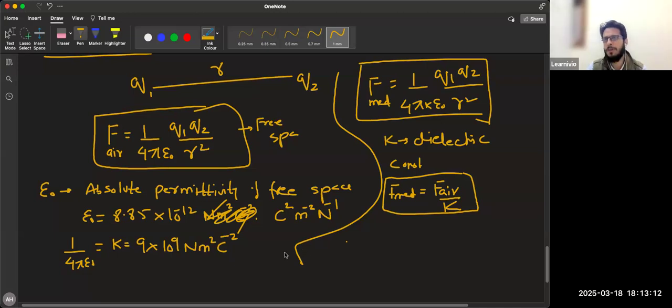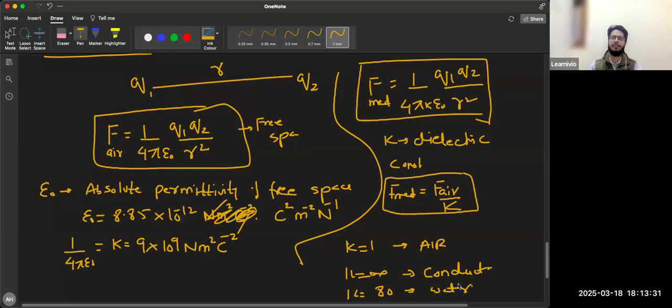And you should remember the dielectric constant of a few mediums: K is equal to 1 for air. K is equal to infinite for a conductor. For water, its value is around 80. K is equal to 80 or 81 for water. Some people write this as 80, some will write this as 81.